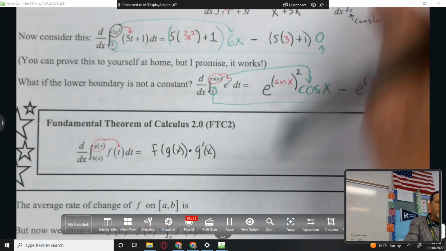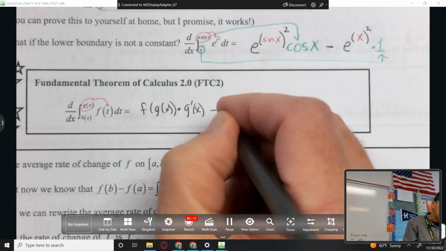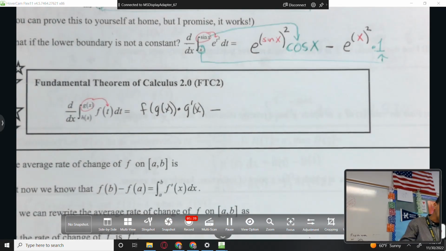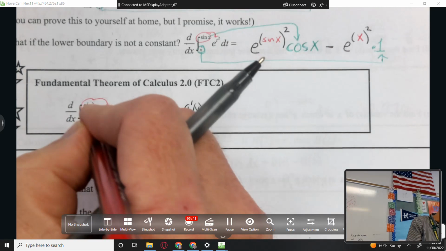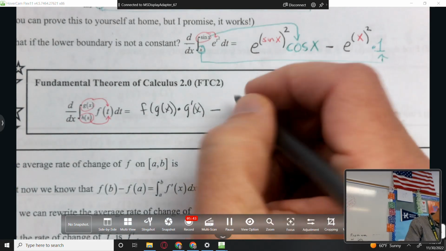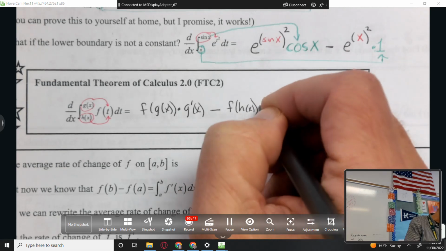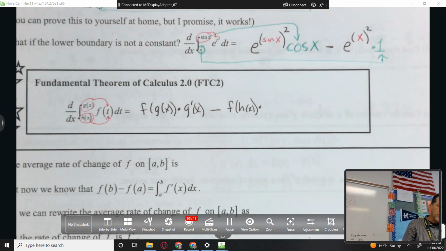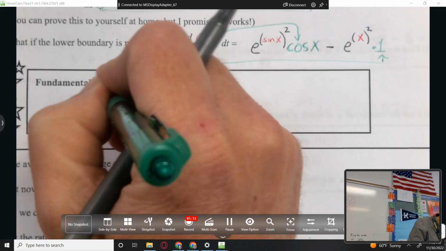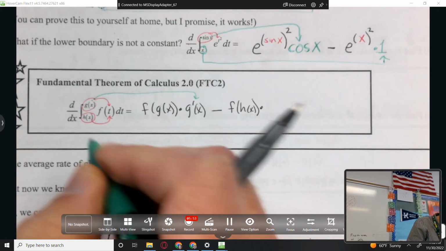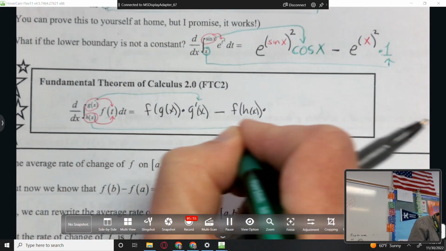This is harder to write than it is to think about. Minus, now the bottom one, plug in h of x, so f of h of x times what? H prime. Good.